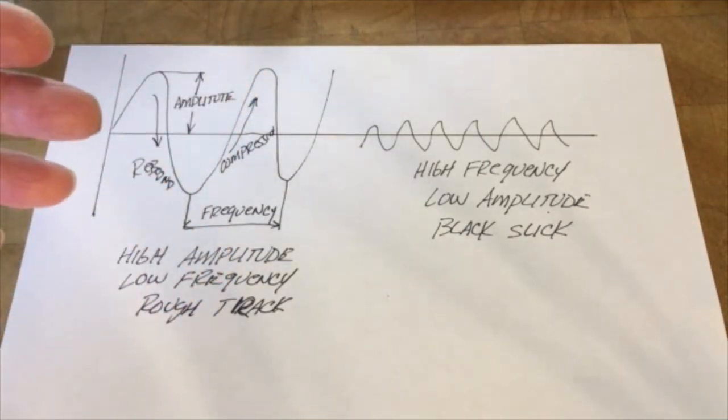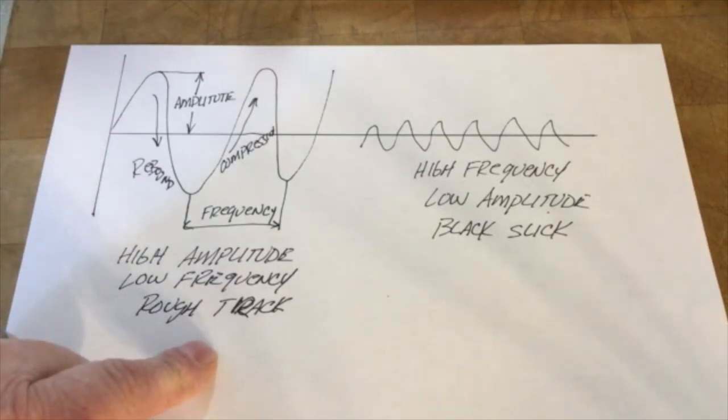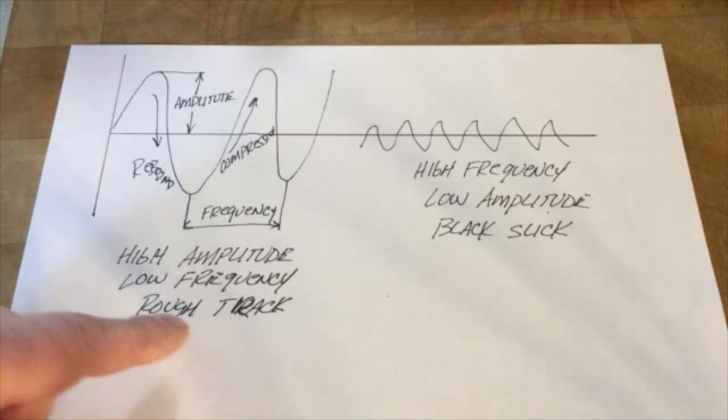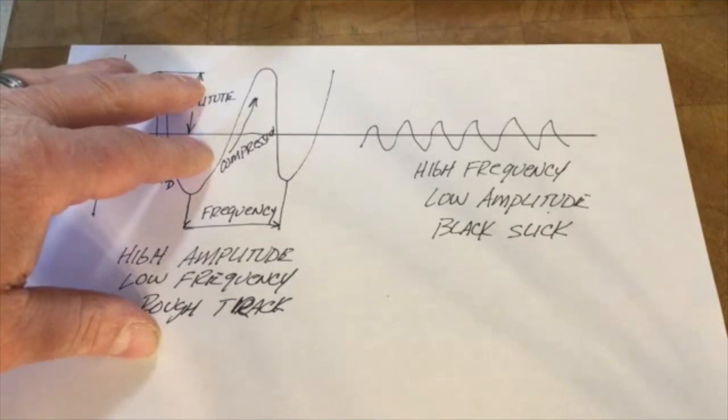So basically, like I said, with the two different types of tracks, you have your high amplitude, low frequency stuff, which actually equates to a real rough track. Some people say they're cornfields and stuff like that. Big bumps, but not many of them.